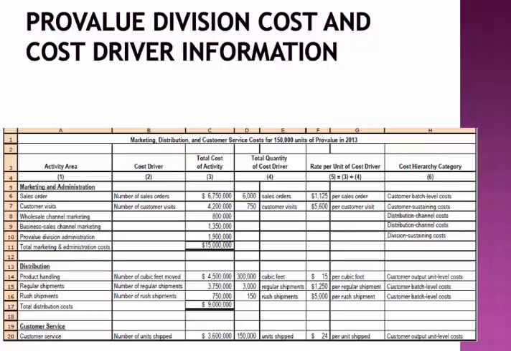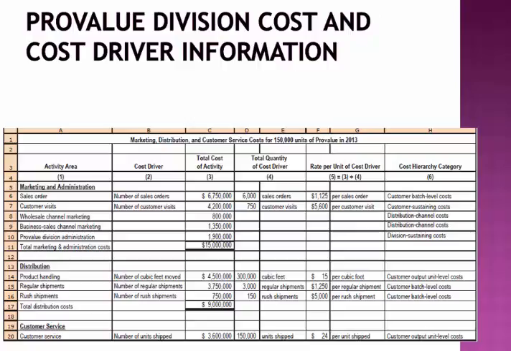service activities, their cost, and the cost driver information for the year of 2013. Alright, so we can use this to help us with our customer cost hierarchy, where we can categorize our costs related to the customers into these different cost pools on the basis of their different types of cost drivers or cost allocation bases, the differing degrees of difficulty, and the cause and effect or benefits received relationships.